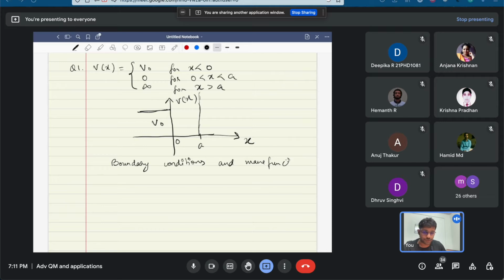The basic idea in quantum mechanics, or even in classical mechanics, is that there can't be any wave function where the potential is infinite, because the wave function cannot penetrate through the wall. And even if there is a finite potential, let's say V0, and you have a ball, you need more energy, that is E should be greater than V0, to cross the barrier.